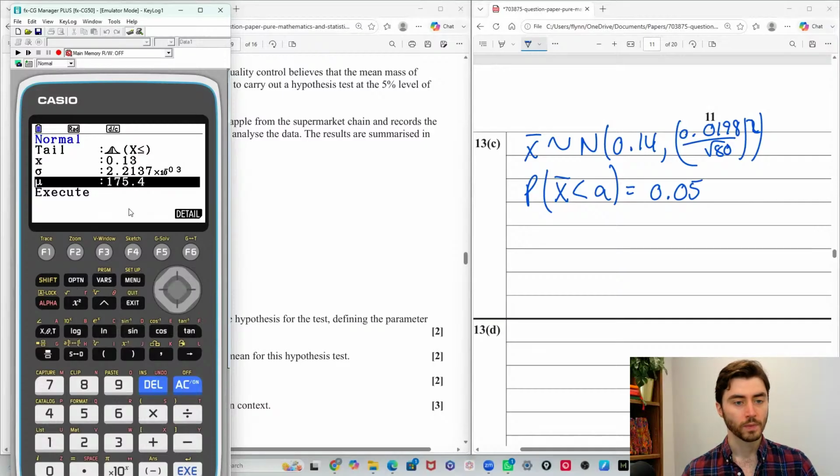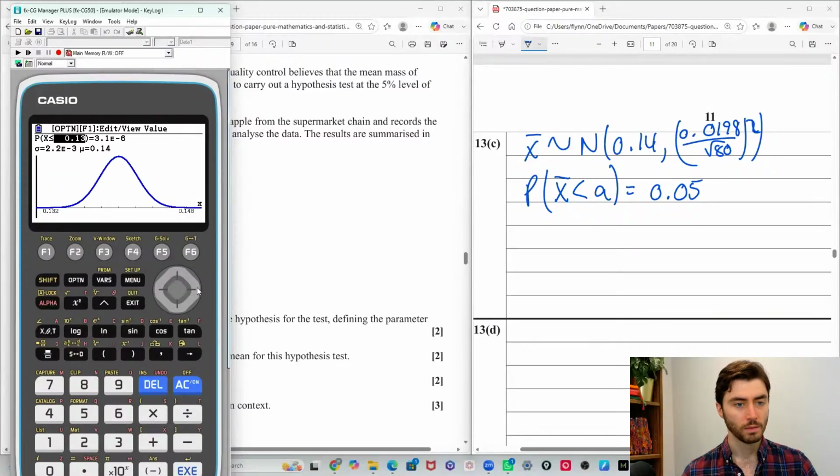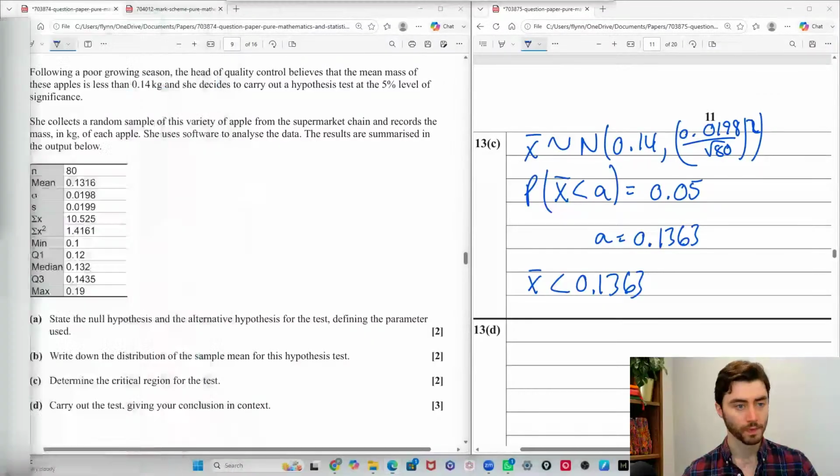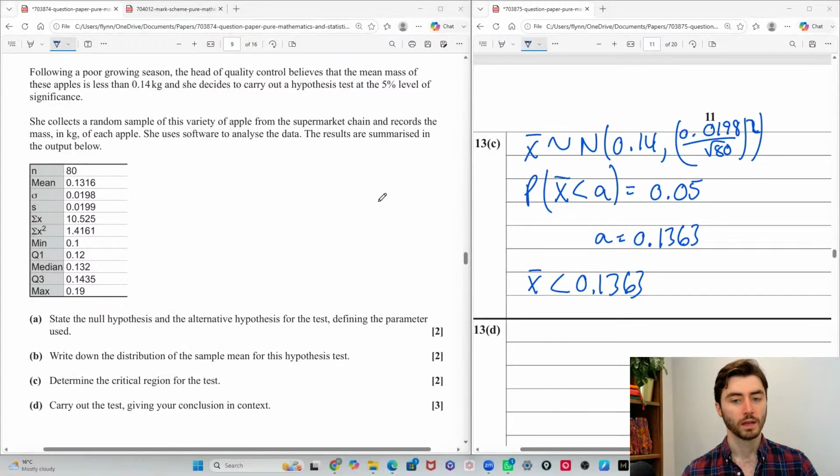And the mean is 0.14. Let's execute on that, go. But we want to change that probability to 0.05. And then you get this X value, 0.1363. So therefore, the critical region is X bar is less than 0.1363 to be significant. Okay. Carry out the test.